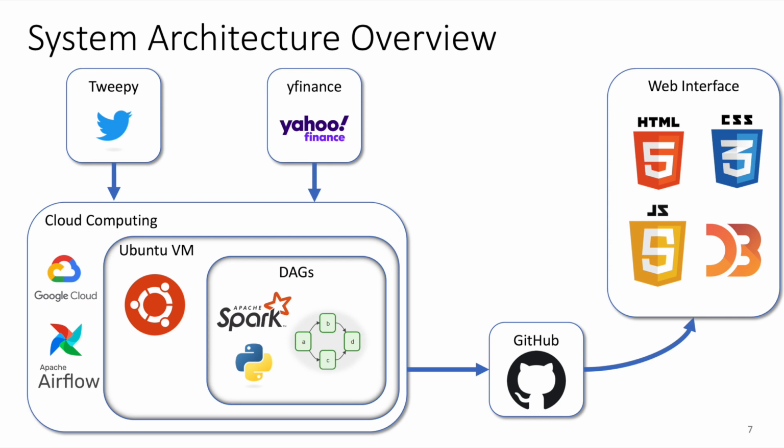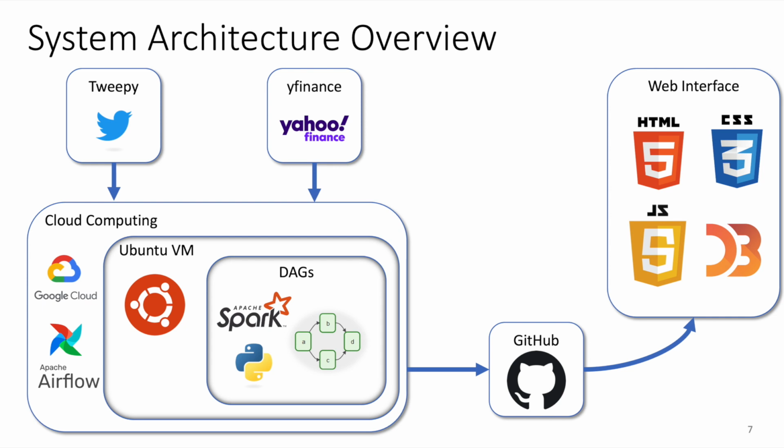The foundational computing aspect of this project was performed via Google Cloud's computing platform in collaboration with Apache Airflow toolsets. This Google Cloud computing platform was leveraged in order to create an Ubuntu virtual machine, which hosted Apache Spark and Python scripts in the form of DAGs that allowed for the daily acquisition and processing of information.